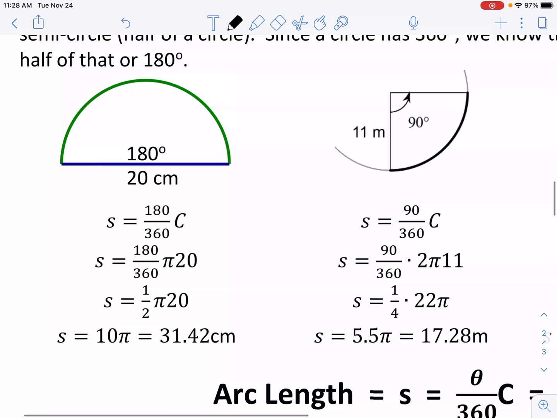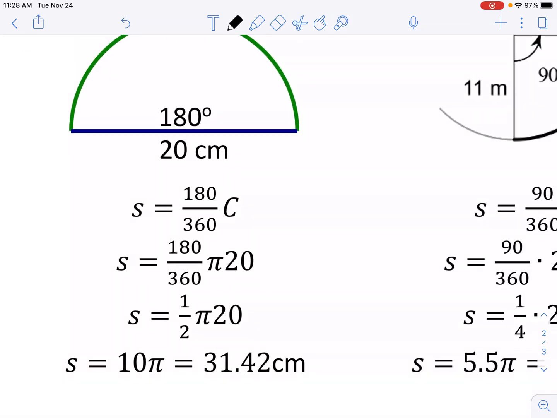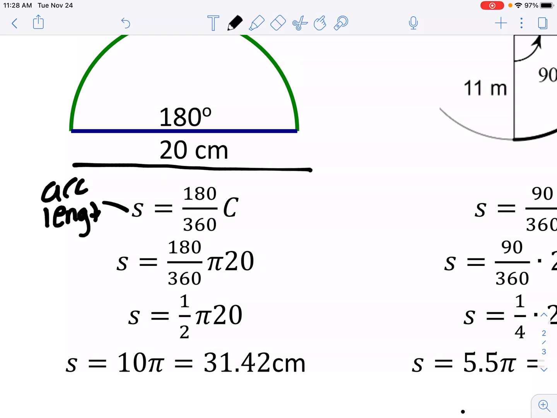So with that in mind, we know the diameter is 20. We know that we're only looking at 180 degrees of the circle. So we're going to take 180, and I should point this out here. They use S to represent arc length. Okay, S is used to represent arc length. We're going to take 180 out of 360, because that's the portion of the circle we're looking at, times our circumference of the full circle.